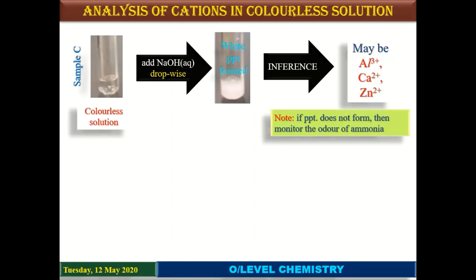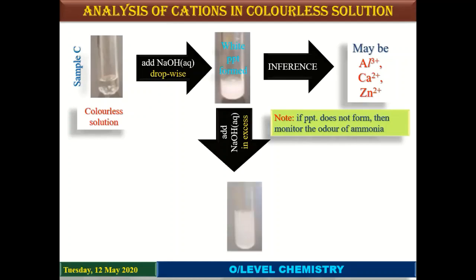And again, if the precipitate does not form, it means we should monitor the odor of ammonia after warming a small quantity of this reagent. On adding excess of sodium hydroxide, we get no change, because there was precipitate on adding a small quantity, and again we have precipitate even after adding excess of sodium hydroxide.